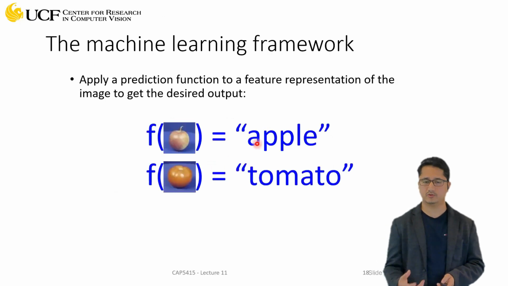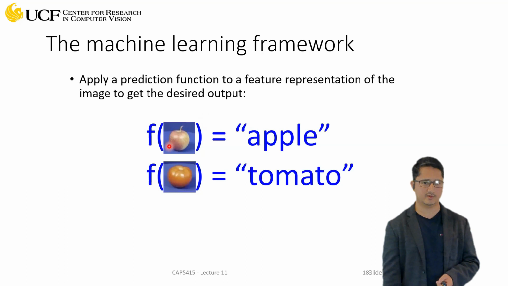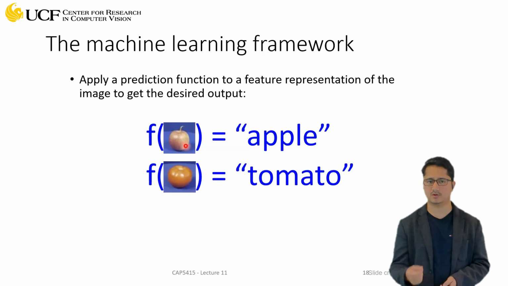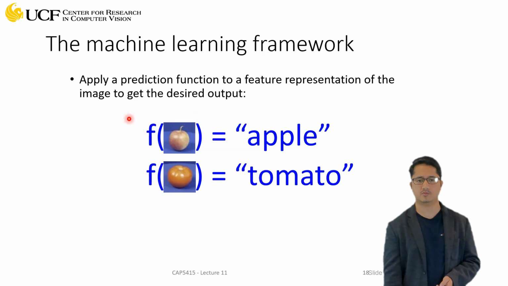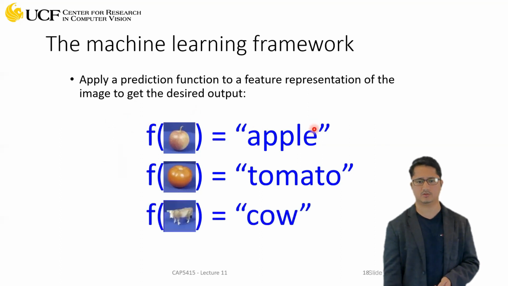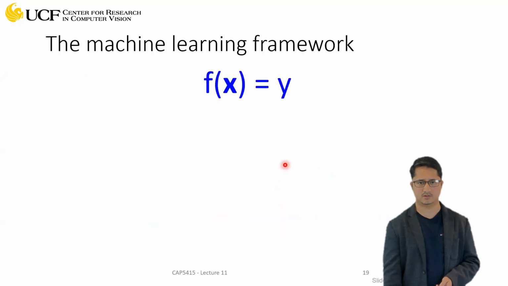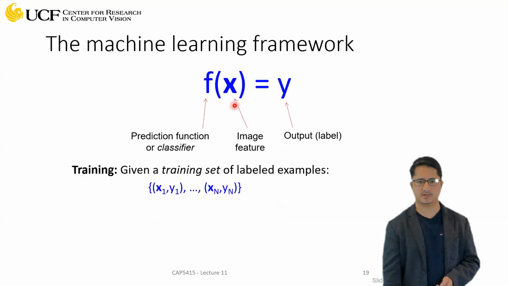Okay, so whatever approach you do, the general framework is always kind of a function where the input is an image. You can either pass your image to your model, or you can extract features and pass those features to your model, and that model is going to make predictions about your images. So basically you have this function, which you can call a prediction function or a classifier.